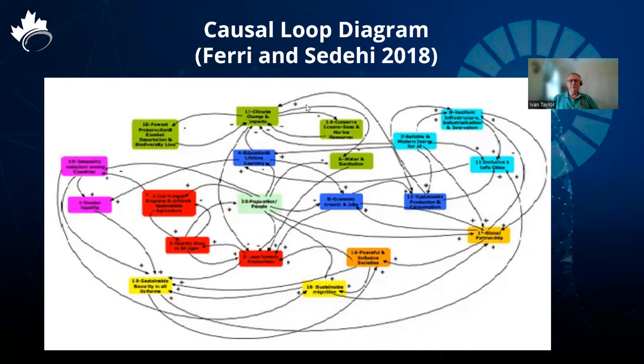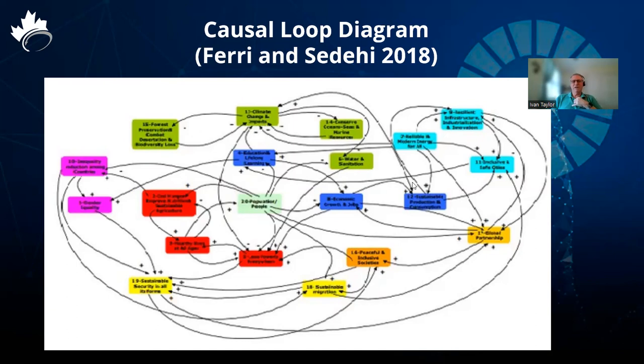A positive polarity means that if the cause, the goal at the tail of the arrow, goes up, then it affects the goal at the head of the arrow in the same direction.